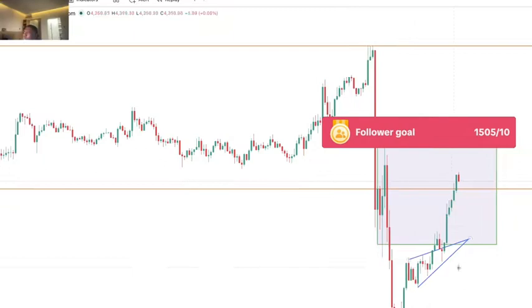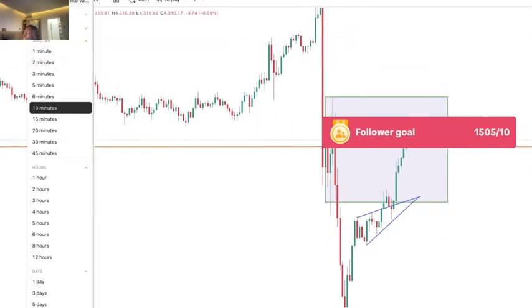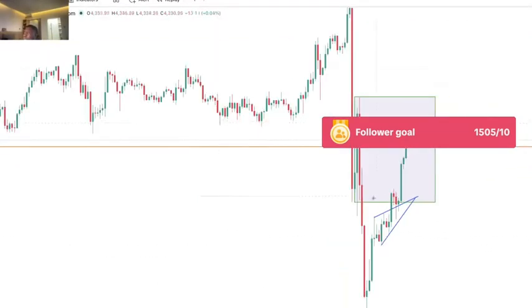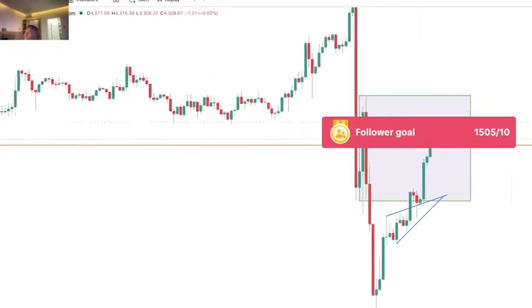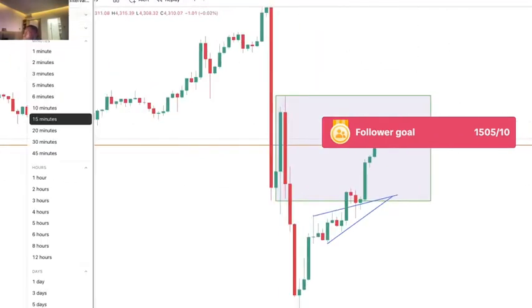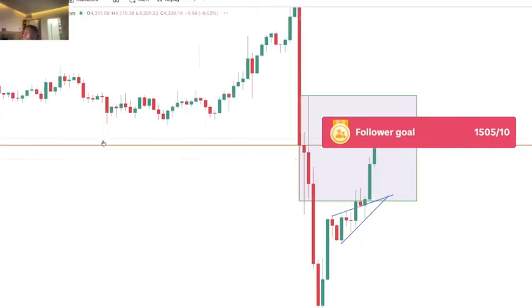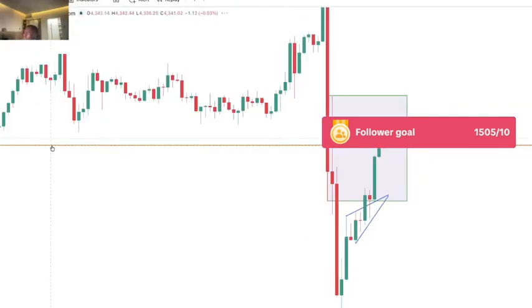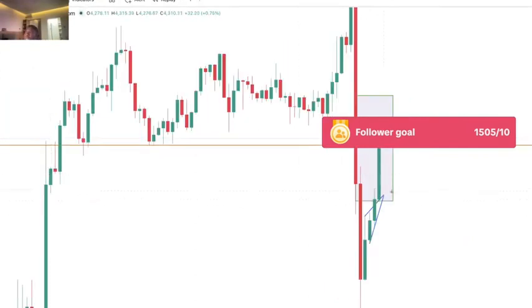On my 10 minutes, I'm still seeing this chart pattern. So it's still valid. Still going back to my 15 minutes, I'm still seeing this chart pattern on my 15 minutes. Using my 20 minutes, I'm seeing this chart pattern on my 20 minutes. Using my 30 minutes, I still see a bit of this chart pattern on my 30 minutes. Using my 1 hour, I'm no longer seeing any sign of that chart pattern.